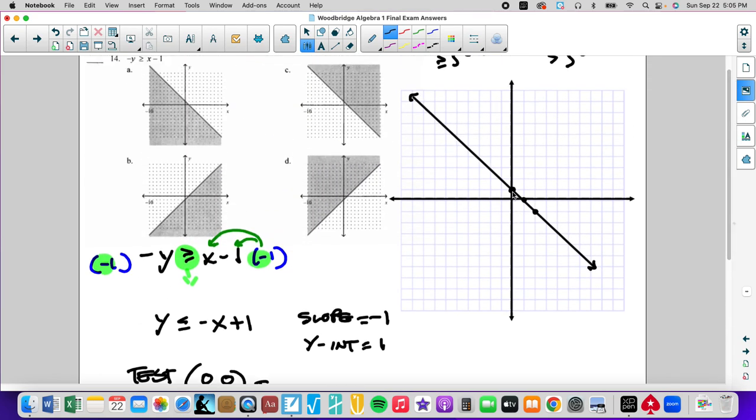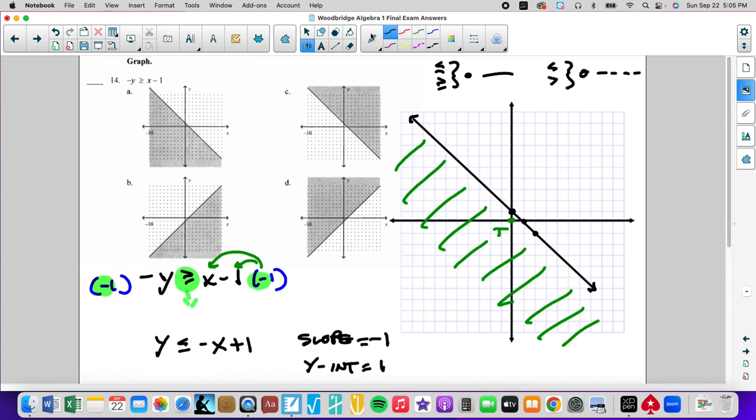That means everything on this side is true. If this point on this side is true, every point on this side is true, and every point on the other side is false. So which one has a shaded, what looks like that? I know, how crazy is that? A. So this looks very similar to it, and that's my solution.